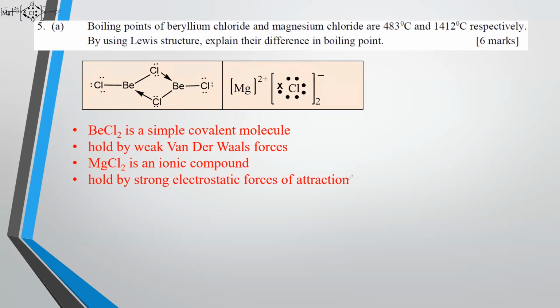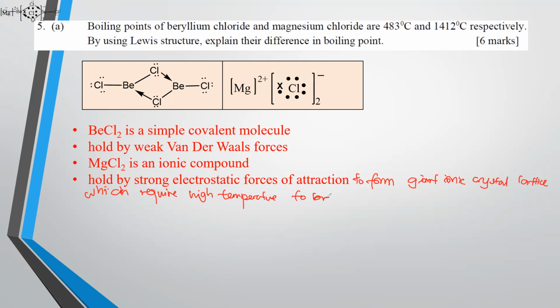If you want to add, they form giant ionic crystal lattices. Okay, so up to you on how much you want to write in here. Okay, so that is for number 5A.